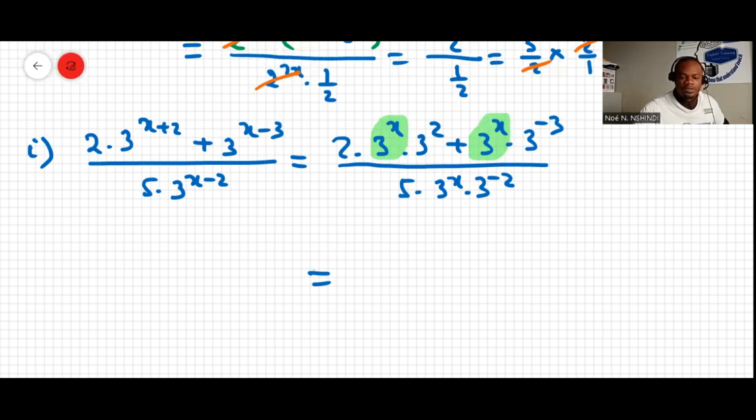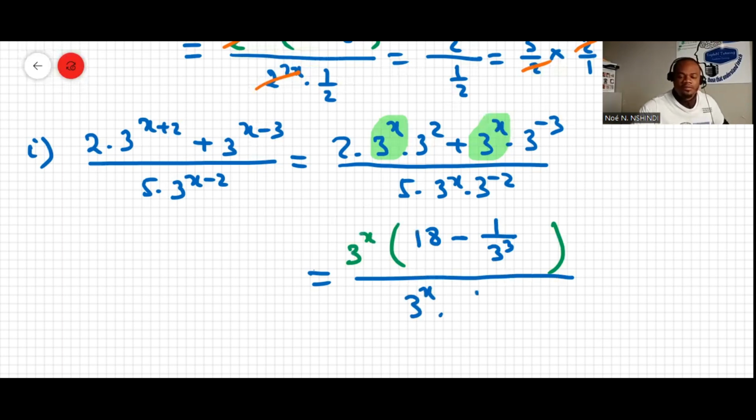We take 3 to the x as the common factor, and then 2 times 3 squared, we said it's 18, minus 3 to the negative 3 is just 1 over 3 to the power 3. Over there we also have 3 to the x times 5 over 3 squared. Okay, and then we can simplify 3 to the x and 3 to the x.